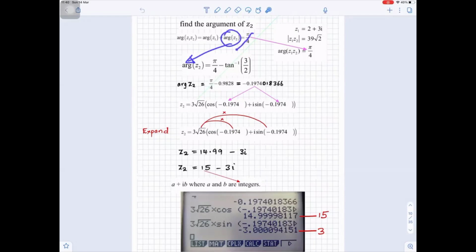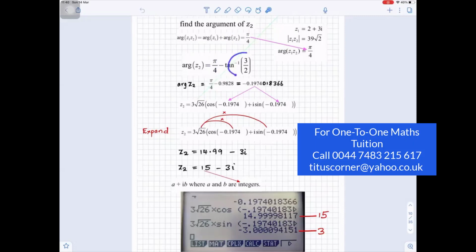It's pi over 4 minus the argument of z1. So pi over 4 minus inverse tangent of 3 over 2, which we know is 0.9828. And when you subtract that, you get that answer. Now, to put it in the modulus argument form, it is 3 root 26 bracket cosine of 0.1974 plus i sine of minus 0.1974. Don't forget the minus.